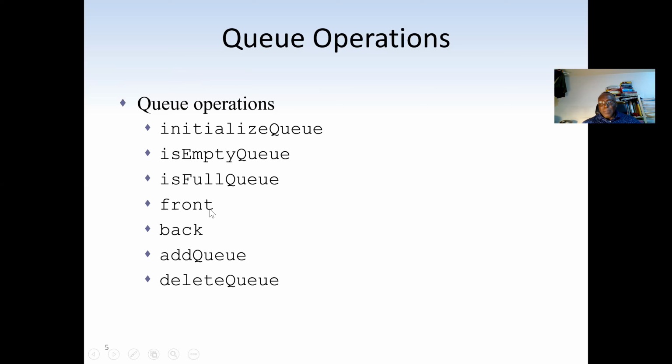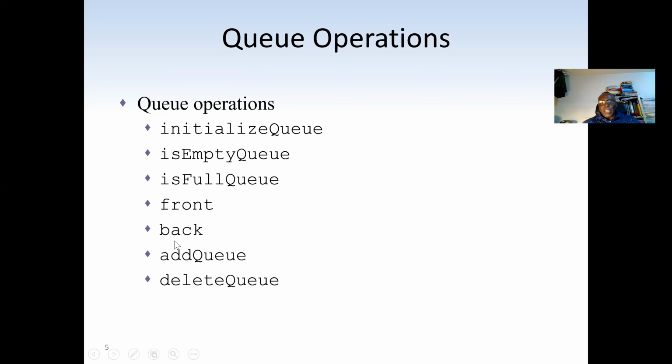Peek method, we call it to check an element on top of the stack, but we are not going to remove it. The same thing applies to the front method. The front method, we are going to check an element in front of the queue, but we are not going to remove it. Then the same thing applies to the back method. We are going to check the element at the back of the queue, but we are not going to remove it.